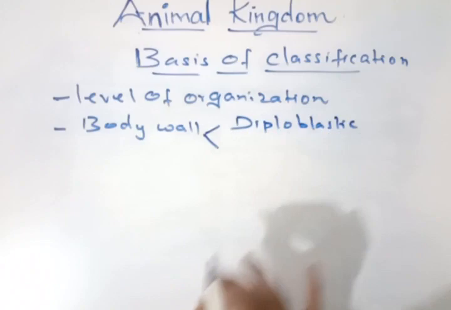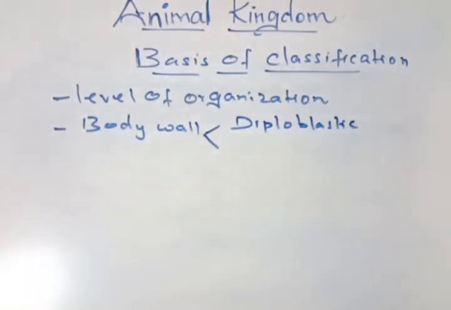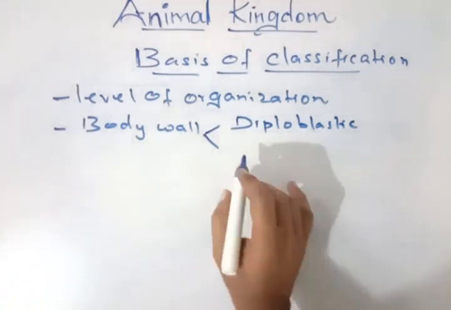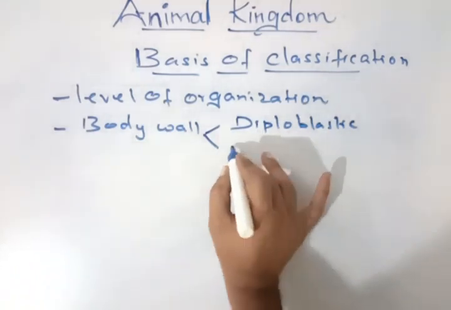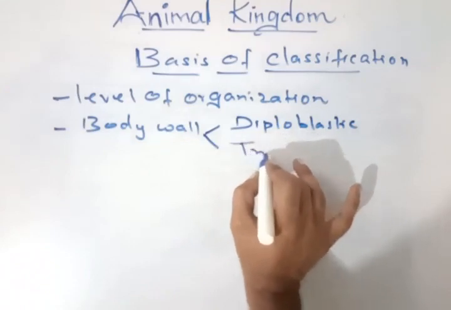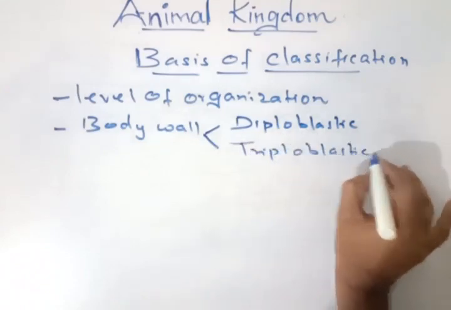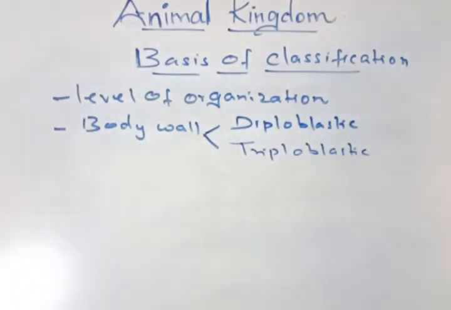Diploblastic animals will have only two layers. Everything we will talk about a little later in depth. If the animal has three layers, they are called triploblastic animals. So based on this body wall, the animals are classified into those fundamental groups.